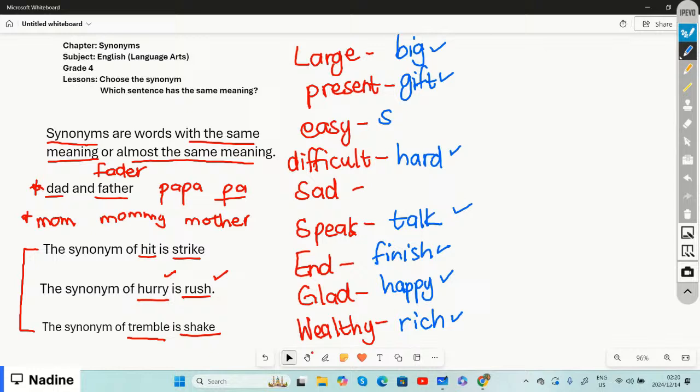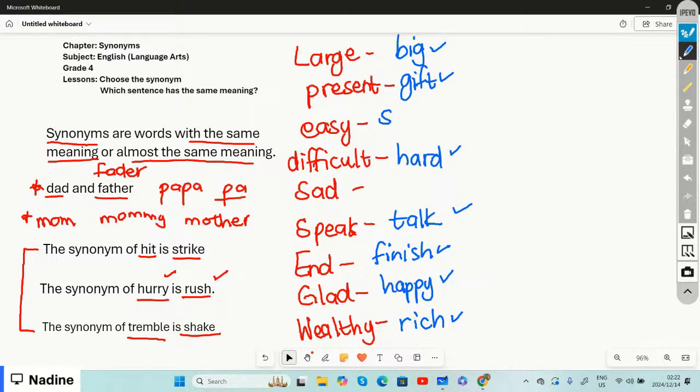Starts with an S. Yes, easy as lemon squeezy.